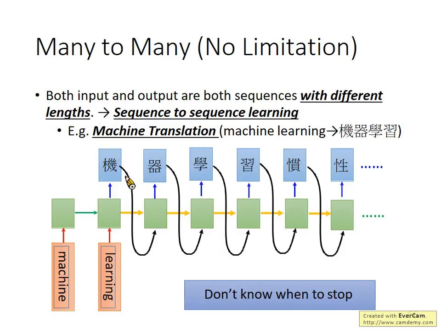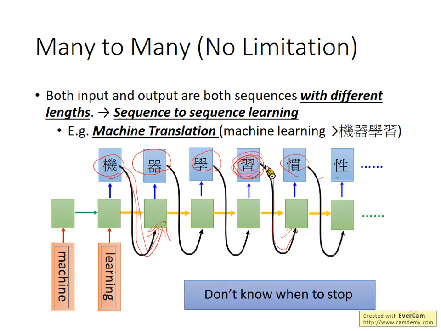You may think about it: because RNN can continuously output the result according to the memory information coming from the previous time instance, when we input "machine learning", the output may be, for example, 机器学习 and so on, because we will keep processing the memory information from the previous time instance.